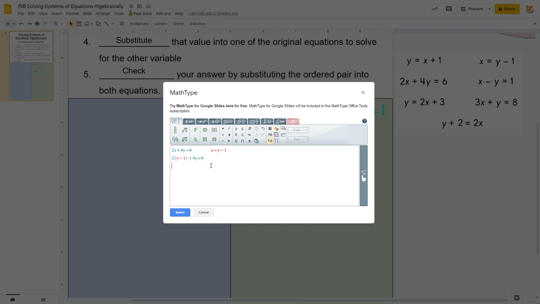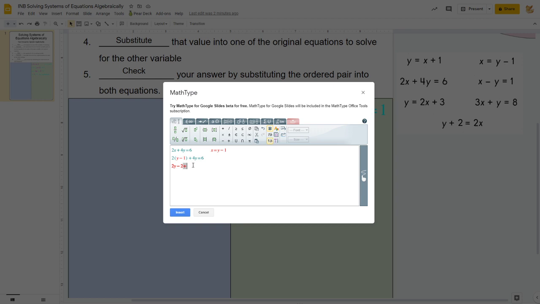Okay. So now we're going to distribute this 2 to the y and the 1. So I end up with 2y minus 2. I'm going to highlight that in red just to show that that's where that comes from.